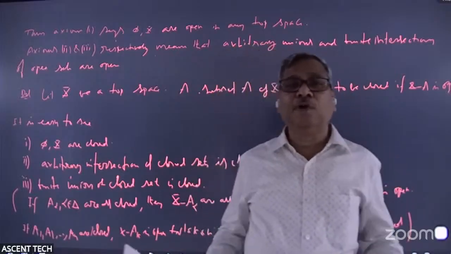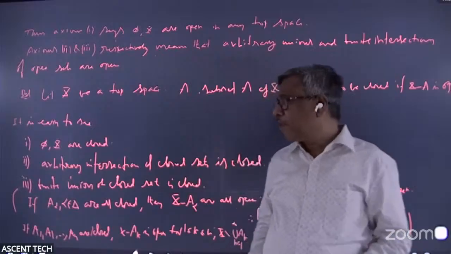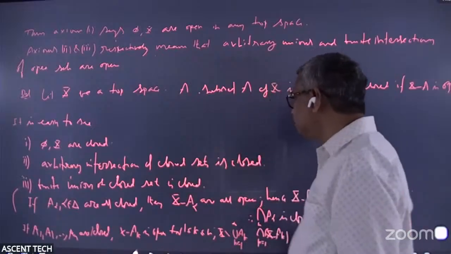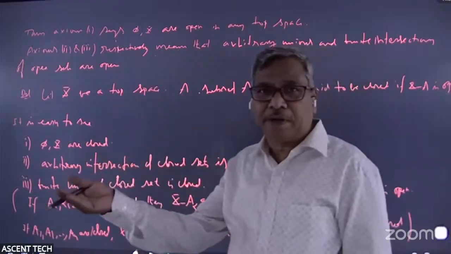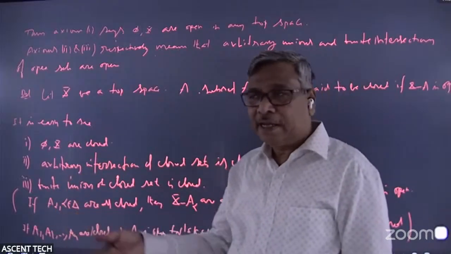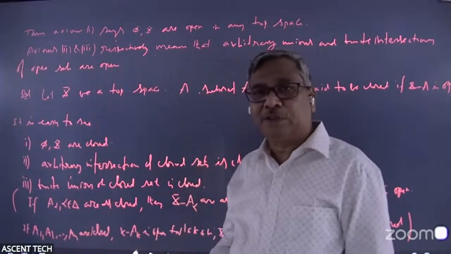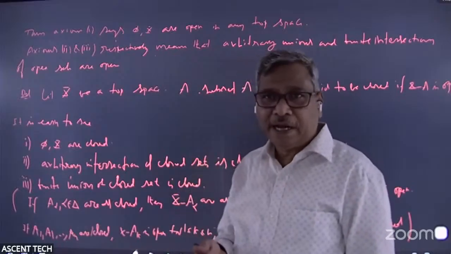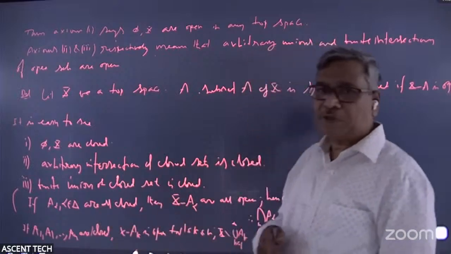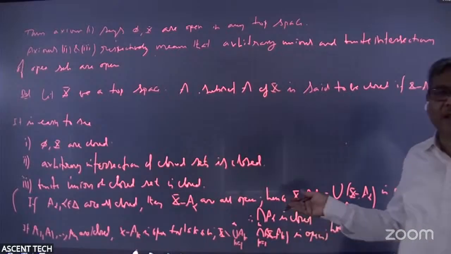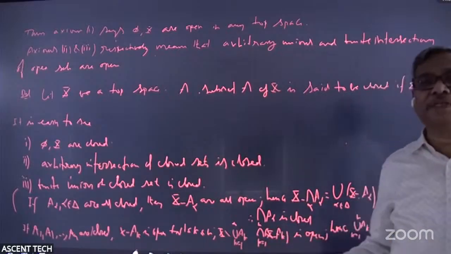I have not given you enough examples yet. In the discrete topology, every subset is open, right? And therefore, every subset is closed also. If you take any subset, its complement is a subset that is open, so that subset is a closed set. So in the discrete topology, all are closed sets, all are open sets.